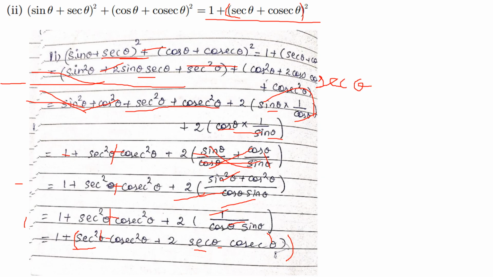That is (1 plus secant theta plus cosecant theta) whole squared. That is the RHS. Hence proved. First you revise these 4 sums and we will meet in the next class, that is 5th sum onwards. Thank you.